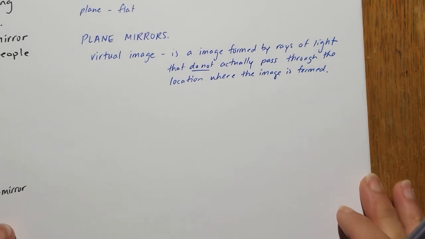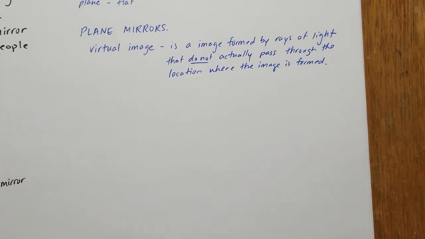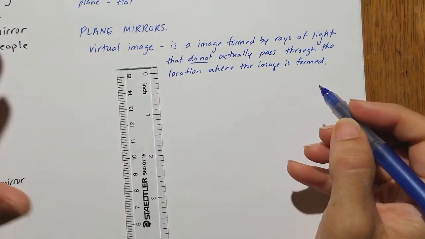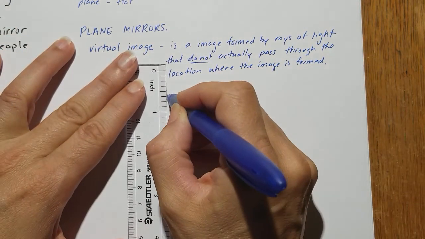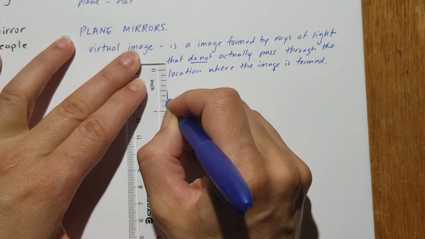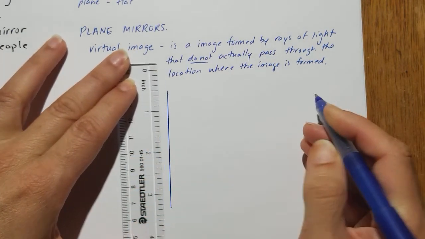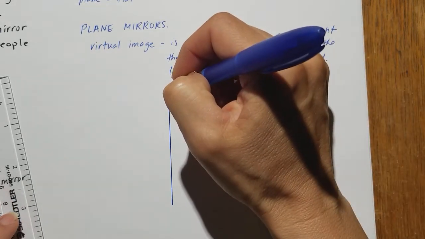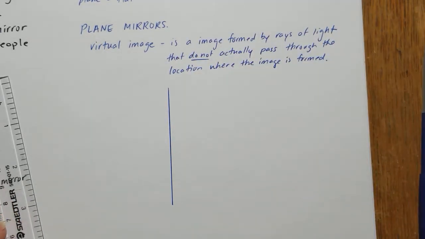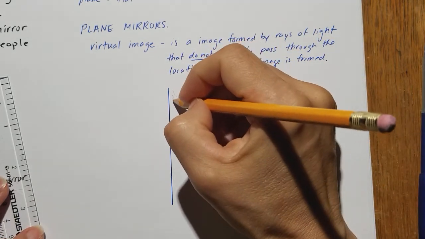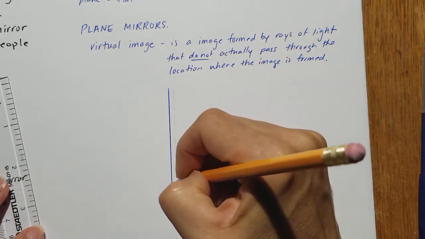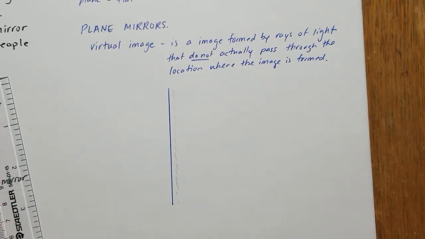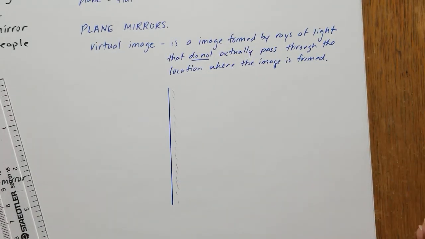So we're going to be drawing some images here to figure out where the image appears in this virtual image. So here is a mirror, and I could put those little lines here just to show you. That's the mirror, but we tend to draw too much stuff, and then I feel like the picture gets confusing.